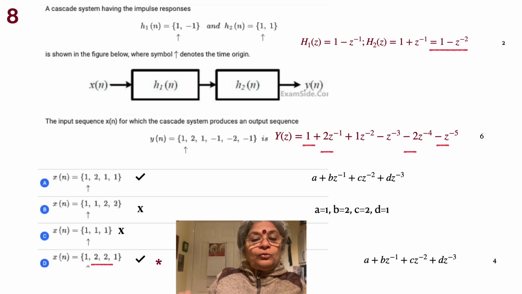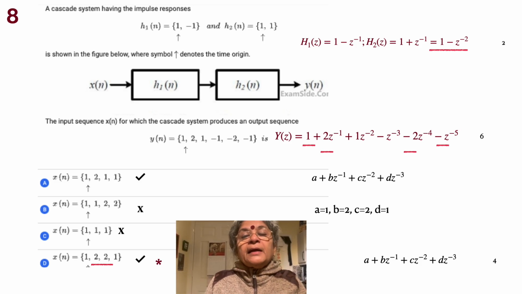So 1, 2, 2, 1 will be the components of x, as can be obtained by just comparing the impulse response which works on it and the output response which comes out as a result of the impulse response working on the input signal. Okay, I hope this is clear.